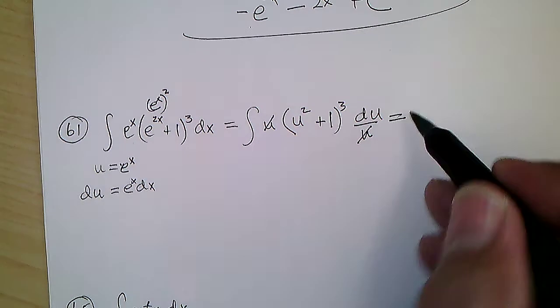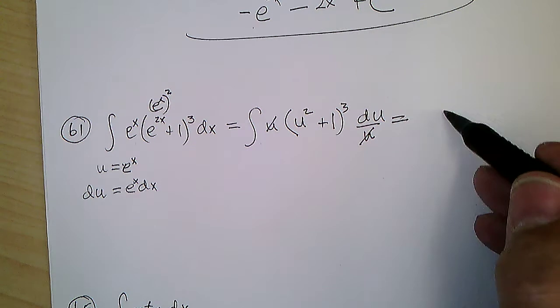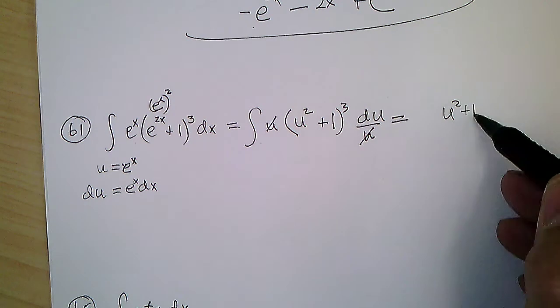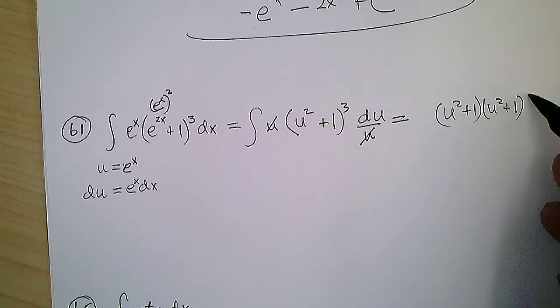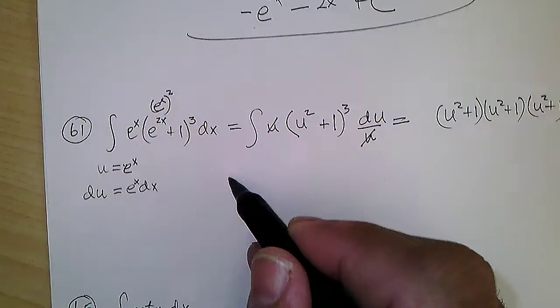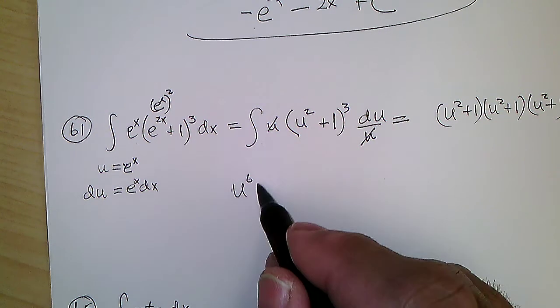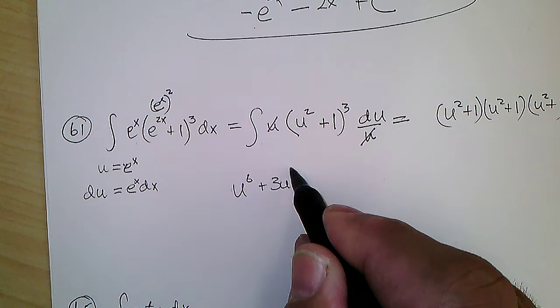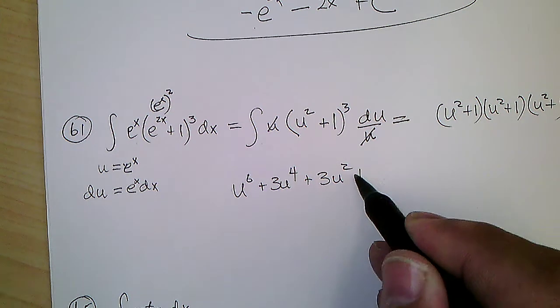And so then I can cube this, and so I take u squared plus 1 times u squared plus 1 times u squared plus 1, and that comes out to be u to the 6th plus 3u to the 4th plus 3u squared plus 1.